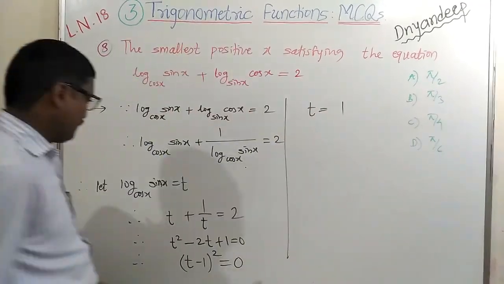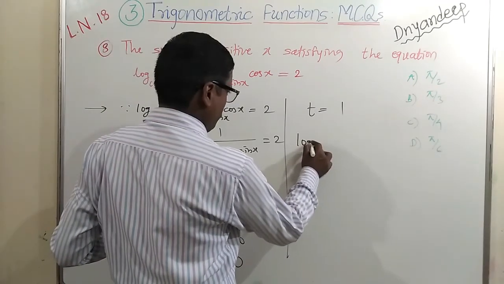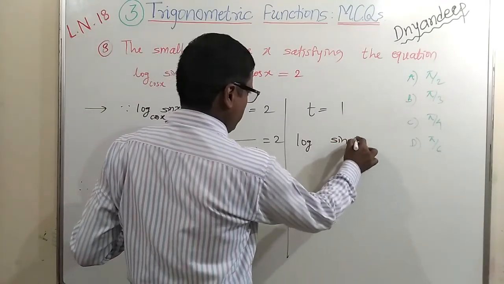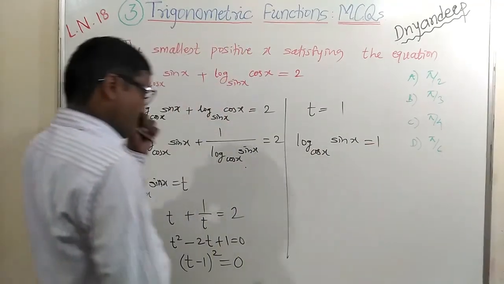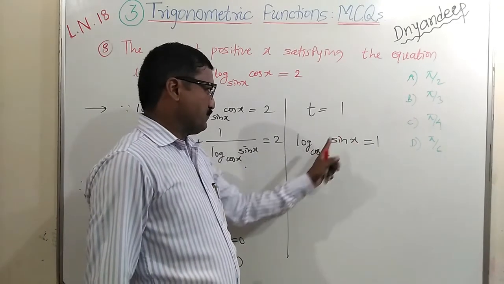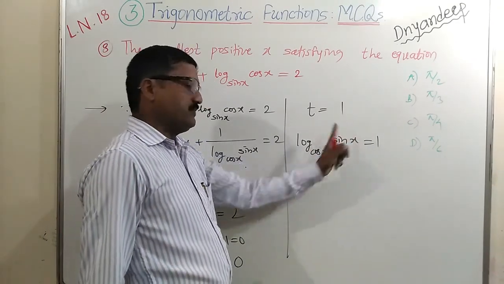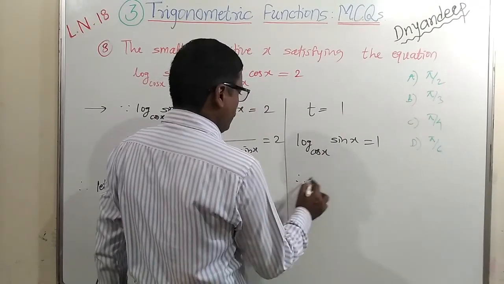But what is t? So log of sin x to the base cos x equals 1. And what is the property that we have to use here? Log of a to the base a is always 1. Therefore, here sin x and cos x are equal.